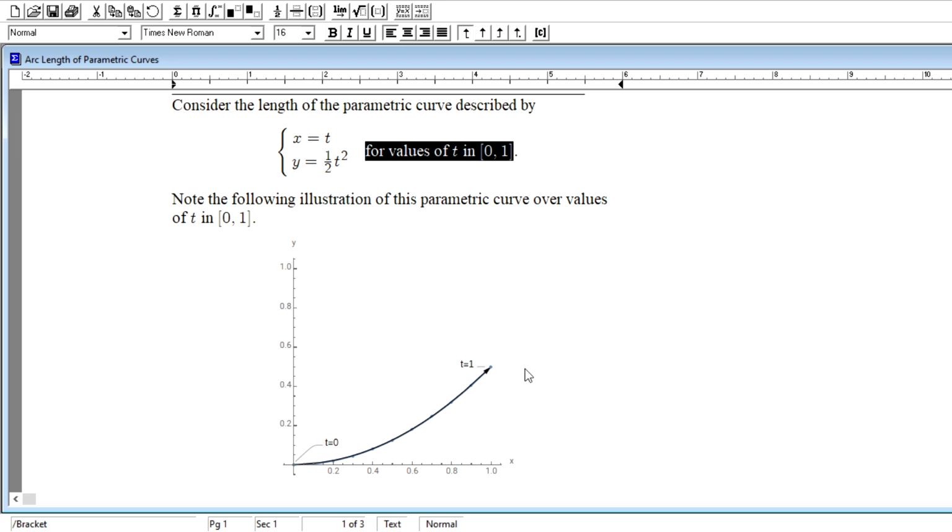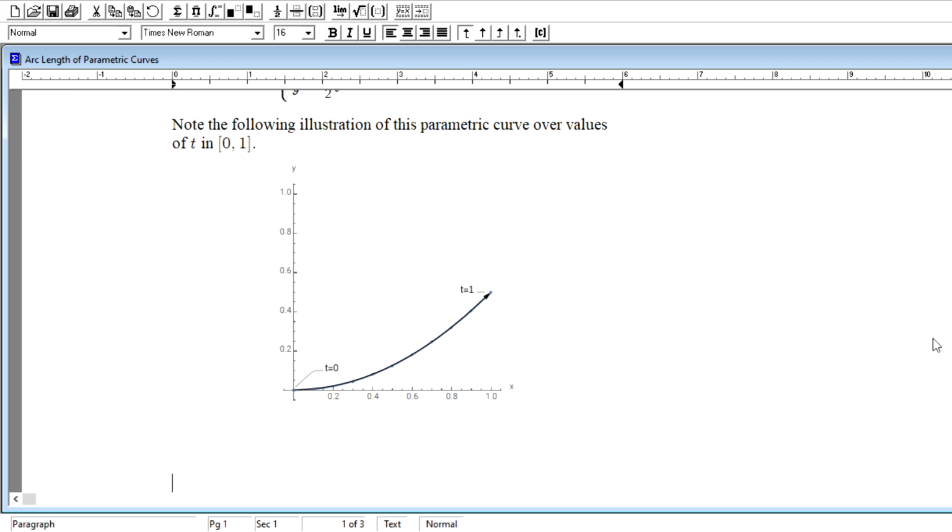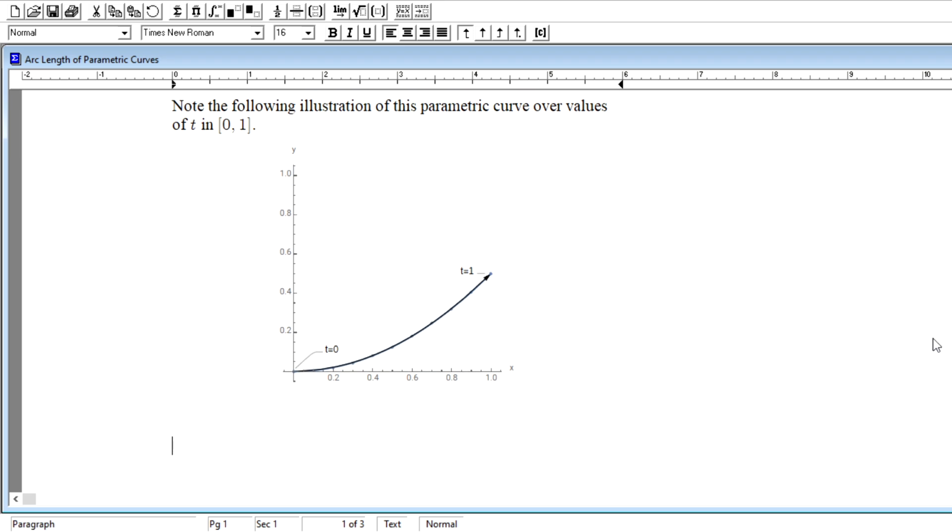It is this small portion of this parabolic curve, starting down here at t equal to 0 and continuing up here to the value at t equal to 1. What is the length of this curve? Well, the length of that curve is given as follows.